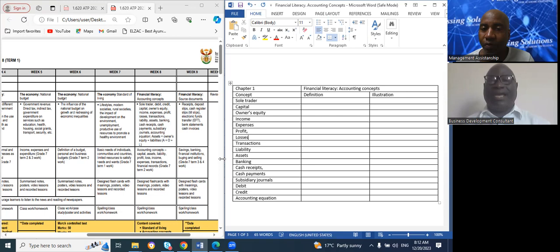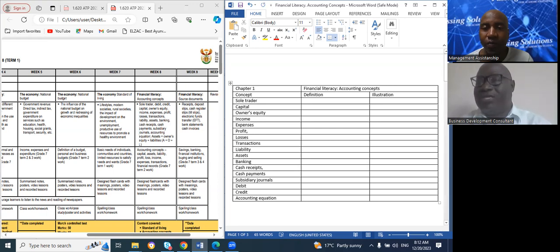We will look at owner equity, income, expenses, profits, losses, transactions. Our learners need to understand transactions, liability, assets, banking, cash receipts, cash payments, subsidiary journals, need to understand the debit and the credit, and finally the accounting equation. We need our learners to have a clear definition and illustration of these concepts. That will cover our chapter 1.